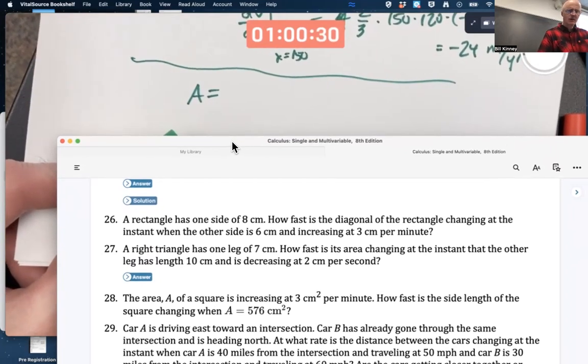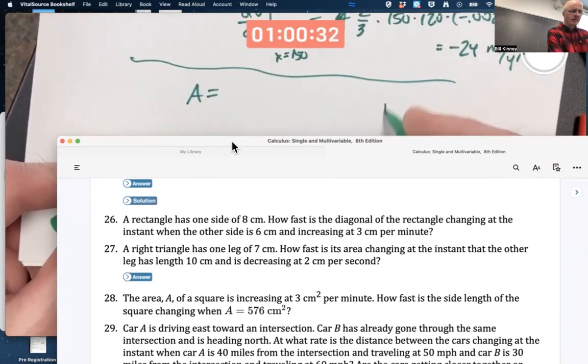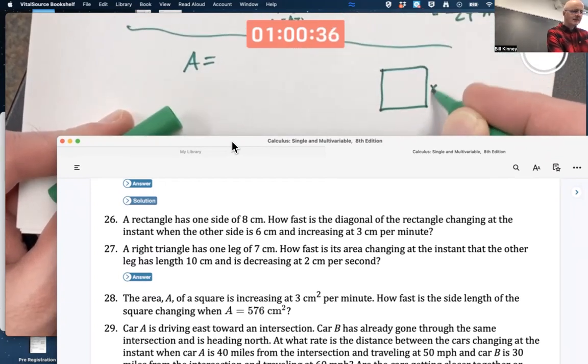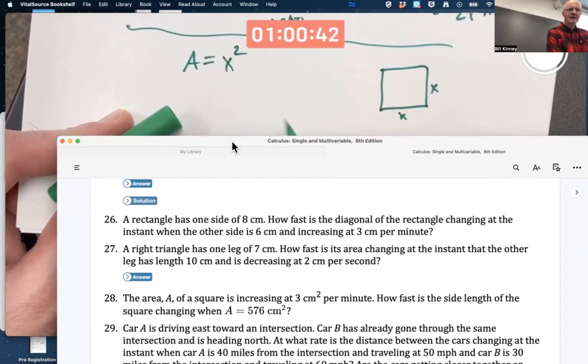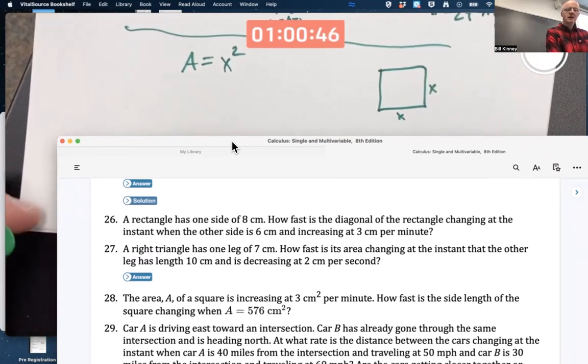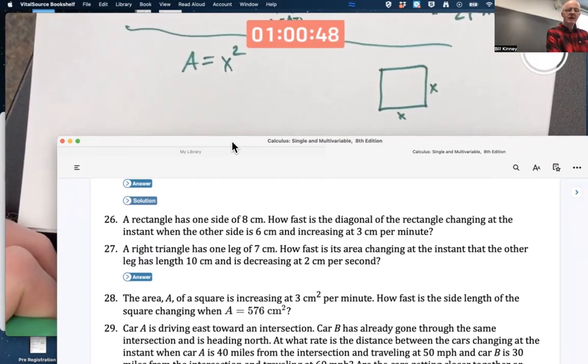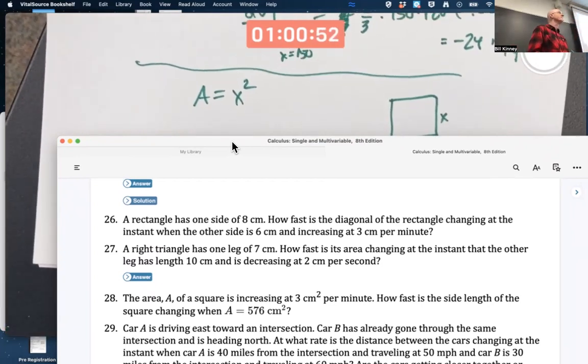So we're imagining a square, in general having side length x. Area equals x squared. We're told that the square has an area that's increasing. The square is getting bigger.